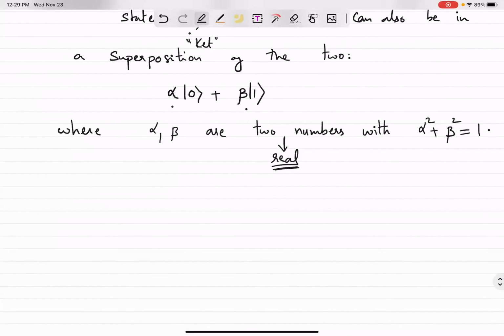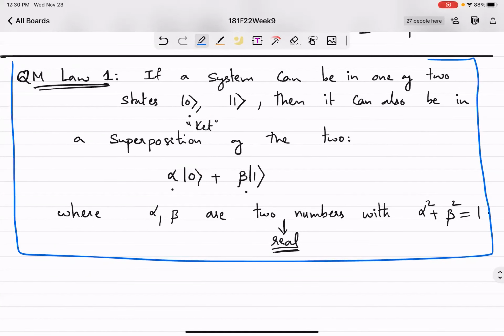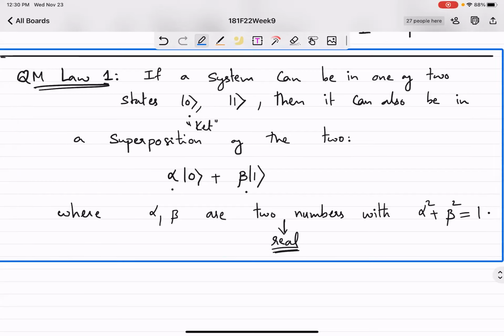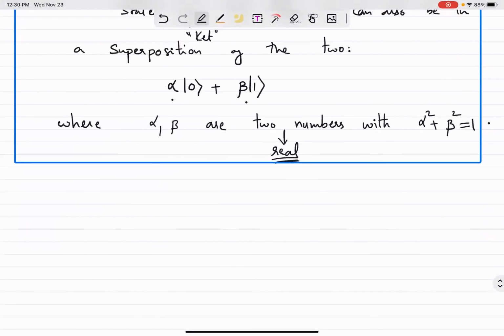So let me put this in the box. The system is described by two numbers now, alpha and beta, whose squares add up to 1. For example, you might have 0.8 times 0 plus 0.6 times 1.